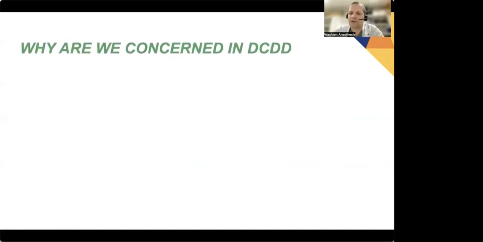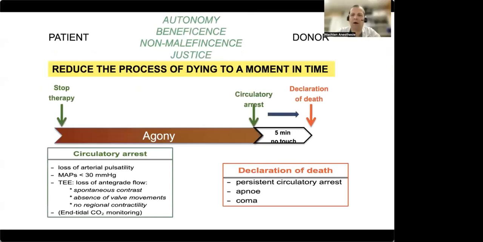Why should we be concerned, and why is the ethical debate so hot these days in DCD organ donation? This is a very complex timeline, but it illustrates that when we're dealing with DCD organ donation, we shift from a patient at the left side of the panel towards a donor who is deceased at the right side of the panel. All the aspects of autonomy, beneficence, non-maleficence, and justice shift from a patient perspective to a deceased donor perspective, and even farther on to a recipient perspective.